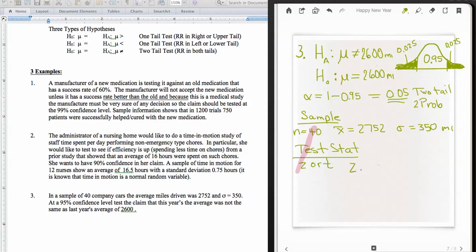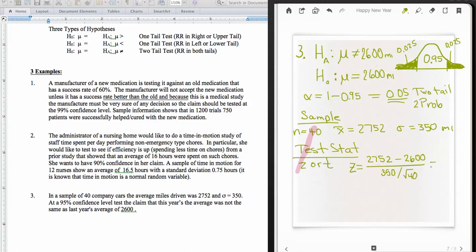And so my z is going to be my sample mean, 2752, minus the population mean under the null hypothesis, 2600, divided by the standard deviation, 350, divided by the square root of the sample size.